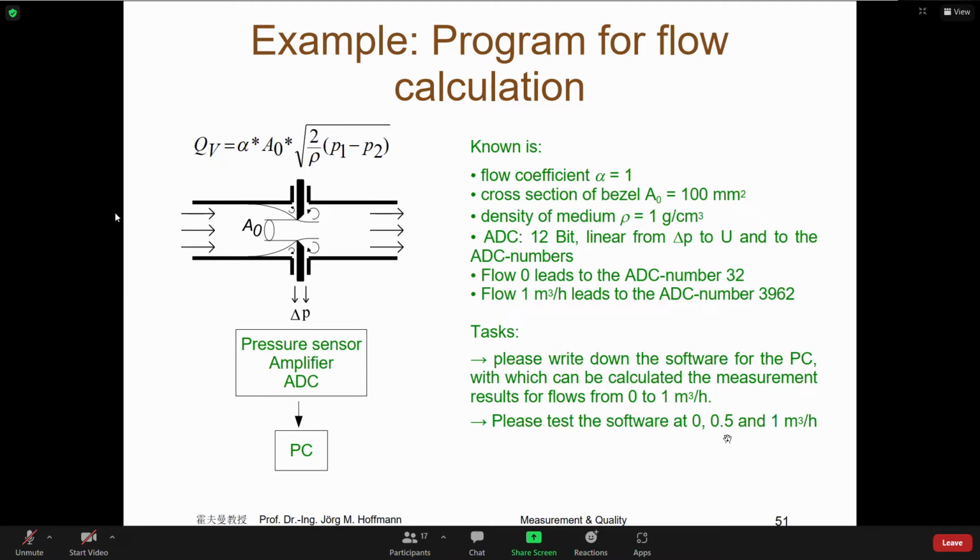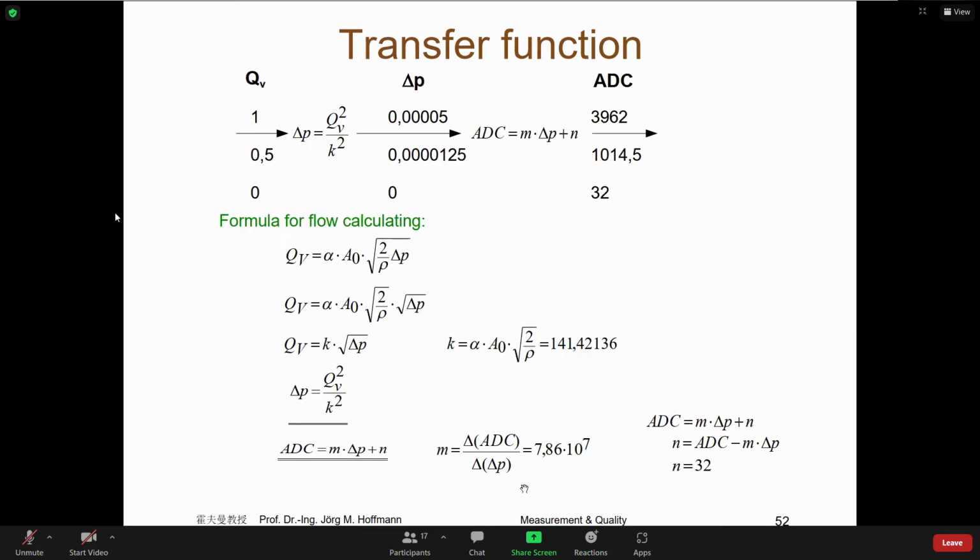And you should test this also in the middle, at 0.5, because you have the nonlinearity, and this must also be corrected. And I show you now the ways.